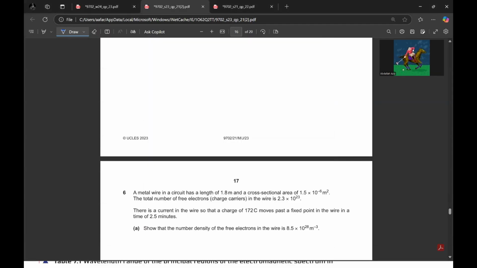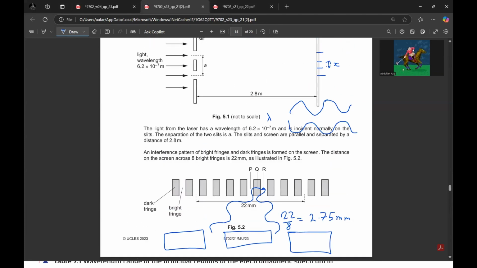No, we can't write 0, because 0 means that both of the waves travel the same distance. In essence, the effect of both 0 or 360 will be the same, but in this situation, R is closer to this slit than this slit.